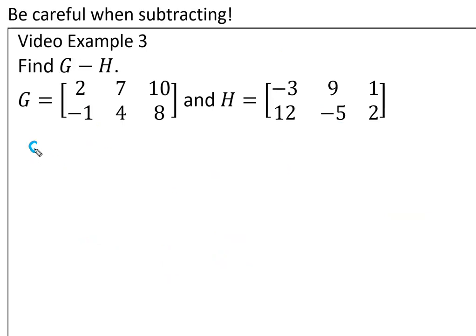You have to be very extra careful when you're doing subtraction, because when we subtract negatives, it turns into a positive. So I'm going to go ahead and write it very slowly as each element subtracting each other element. And when I get to a negative, I have to write parentheses. So there'll be 4 minus parentheses negative 5.